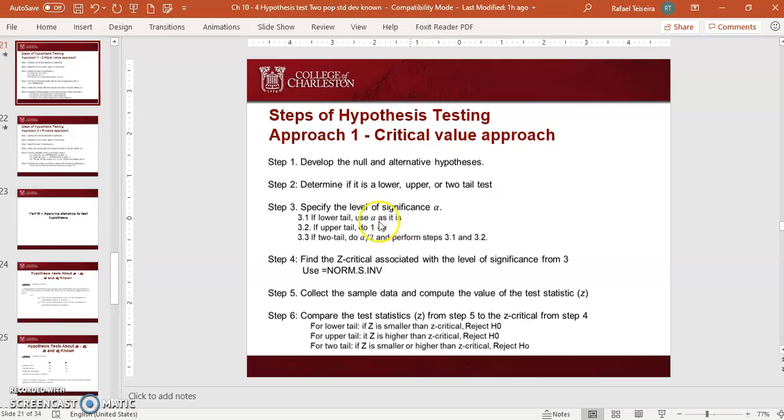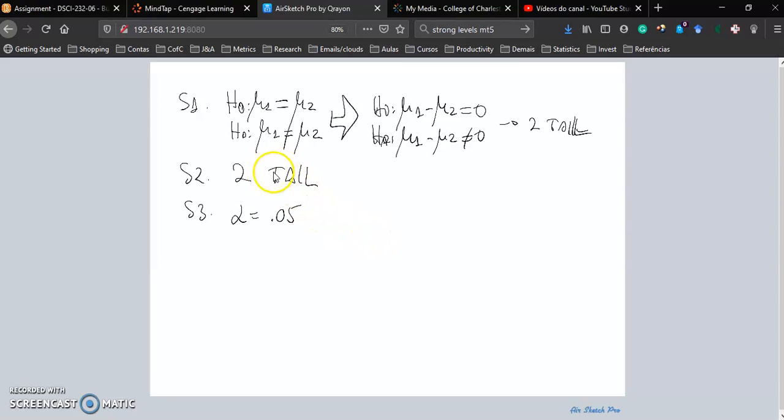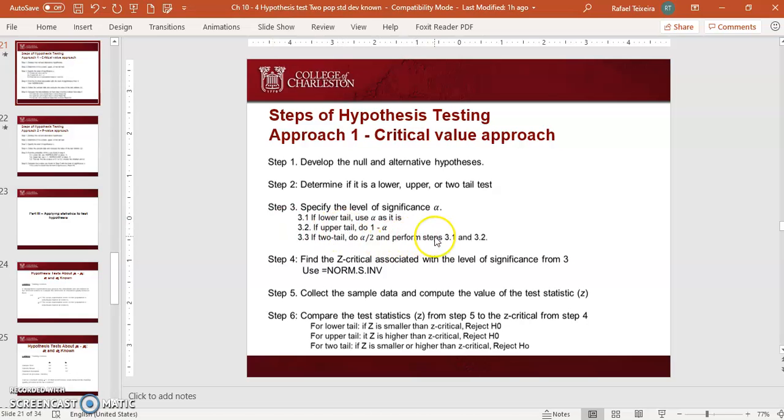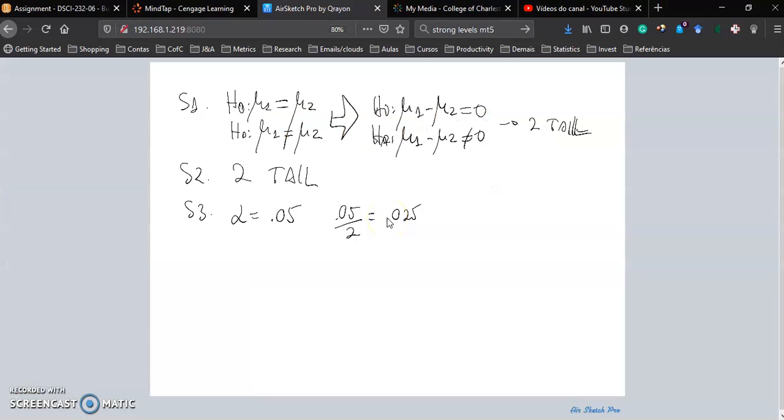Okay. Then if lower tail, that's not the case. If upper tail, is not the case. If it's two tail, do alpha divided by 2. So this is two tail. So I do alpha divided by 2, which is 0.025. Okay. And perform steps 3.1, use as it is.